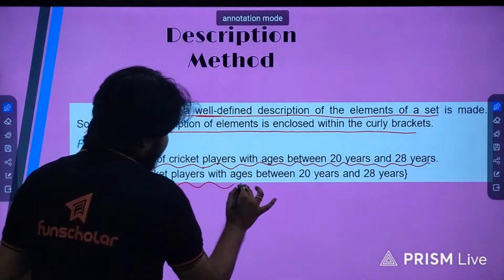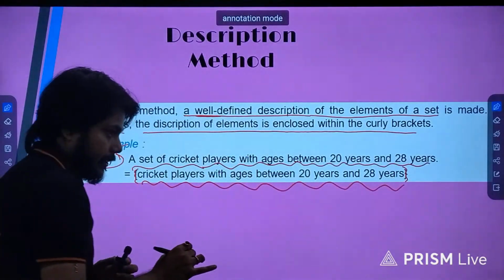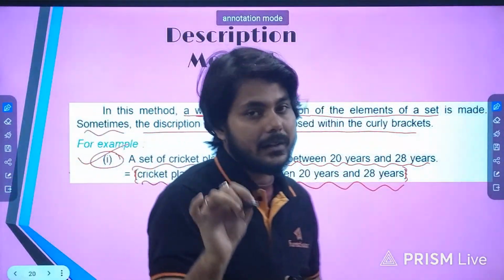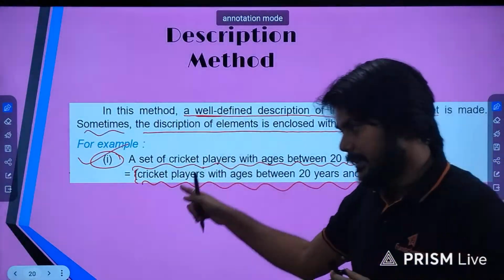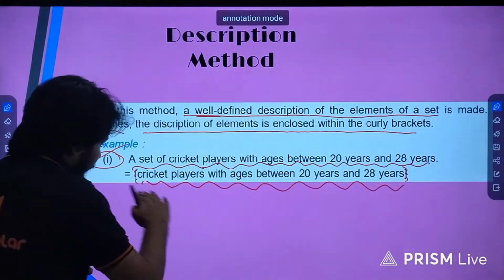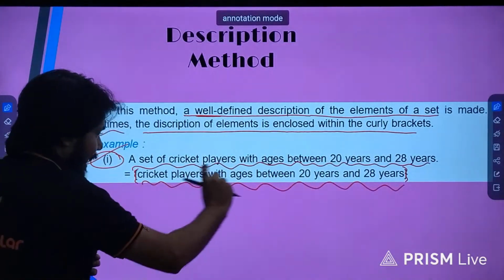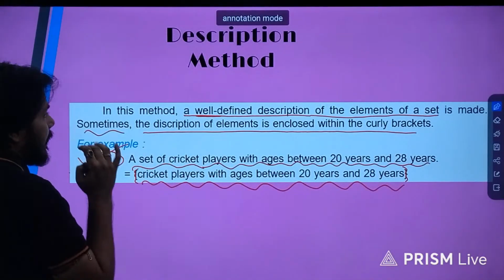This total statement has been written over here within the curly brackets. तो ये क्या define करता है, क्या justify करता है? This simply defines that the statement has been written as the statement form itself. Statement form में ही statement को लिखा गया है.